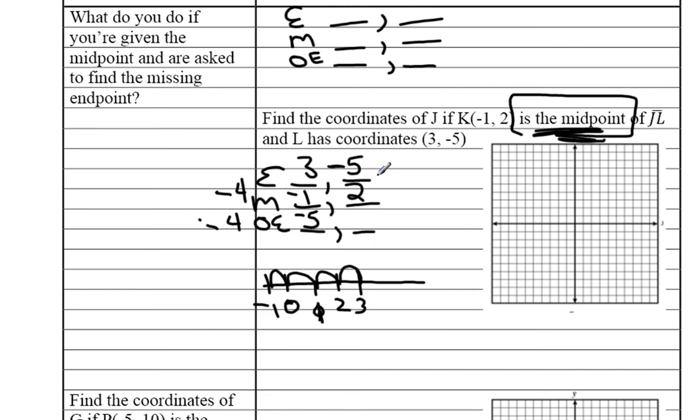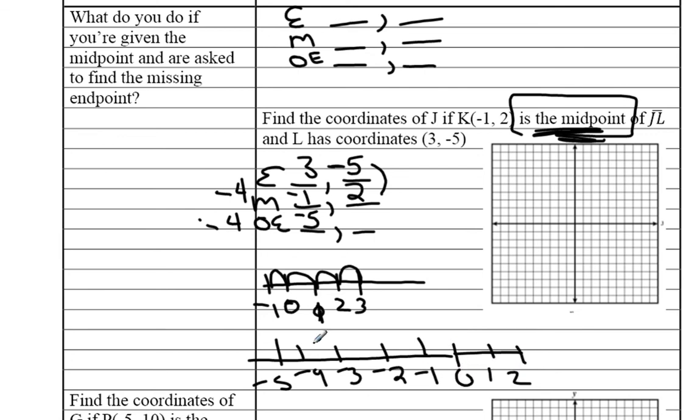Then we need to figure out, how does a negative 5 become a 2? So here's negative 5, negative 4, negative 3, negative 2, negative 1, 0, 1, 2. That's 1, 2, 3, 4, 5, 6, 7. We add 7. So since we added 7 to a negative 5 to get 2, we're going to add 7 to 2 to get 9.